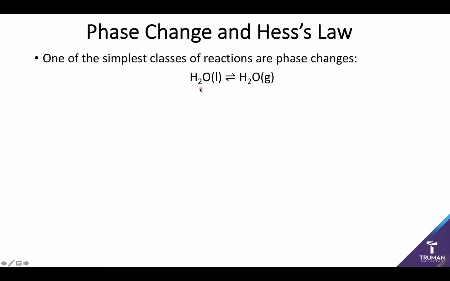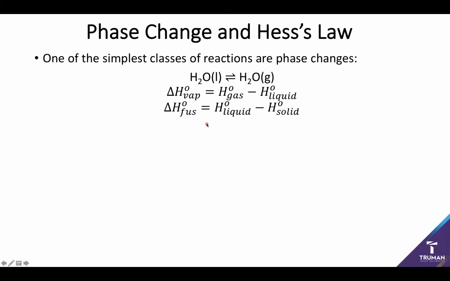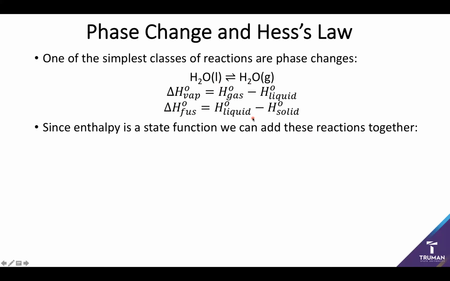So what we can do is for a phase change, if I'm going from liquid to gas or a vaporization, I can simply take the enthalpy of the gas minus the enthalpy of the liquid. And for fusion or melting, I'm going to take the product liquid minus the solid. And that's more or less all it takes to try and determine simple enthalpy changes.